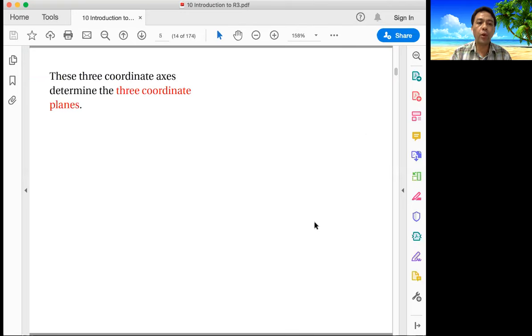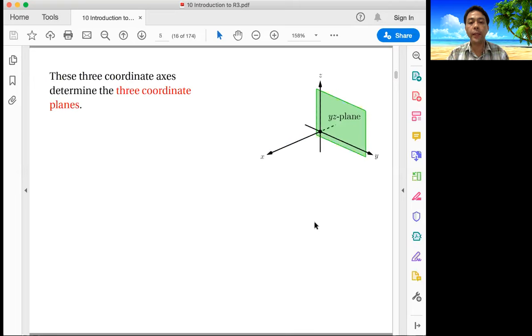Now, the coordinate axes determine three coordinate planes. We take them pairwise. Let's say we take the x-axis and the y-axis. The two will form what is called the xy plane. If we take the y-axis and the z-axis, the two will form the yz plane, and the x-axis and the z-axis form the xz plane.